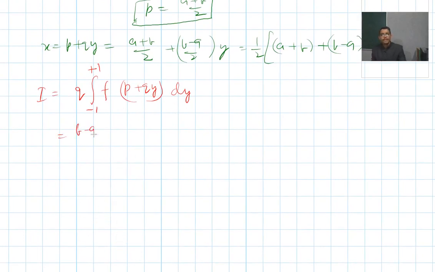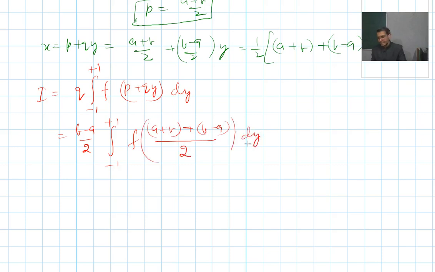So it is (b minus a) by 2 times the integral from -1 to +1 of f of ((a plus b) plus (b minus a) y) whole upon 2, dy, right? That's what we are getting here now. And let us call this whole function phi of y. So it is (b minus a) by 2 times the integral from -1 to +1 of phi of y dy, right?